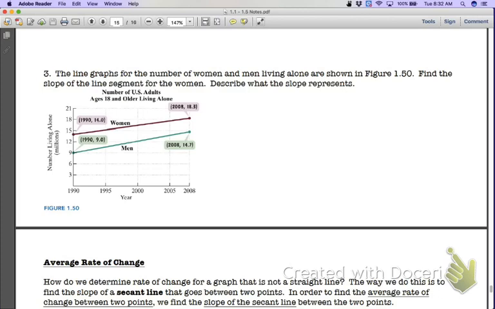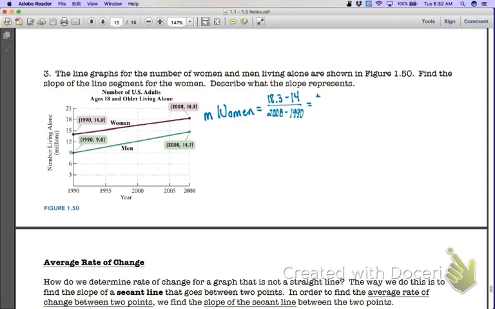So what I want to do, if I'm going to look at the slope of the women, okay, I'm going to pick the furthest right point, so I'm going to go 18.3 minus 14 over 2008 minus 1990 and go from there.